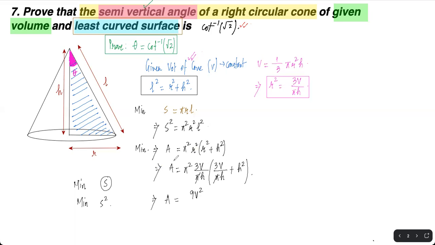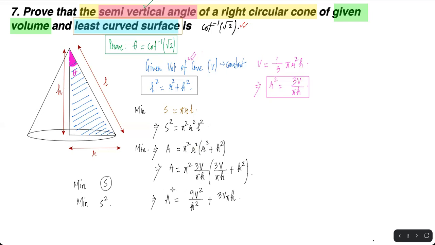This pi and this pi with the pi square get cancels off. So I have a H square in the denominator. So it is 9v square by H square plus, this pi and this pi gone, h and h gone. I have a 3v left. With that, I have a pi h left. So this pi with this pi gone, this h with this h square gone, 3vh into pi, that is 3v pi h.